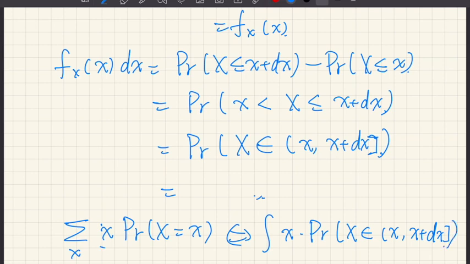So this x corresponds to this x, and this probability corresponds to this probability. In the discrete case, it is exactly equal, right? But in the continuous case, it's not exactly equal, but this random variable is within this small interval. That's because it's continuous, so the probability that this random variable takes exactly one value is 0.